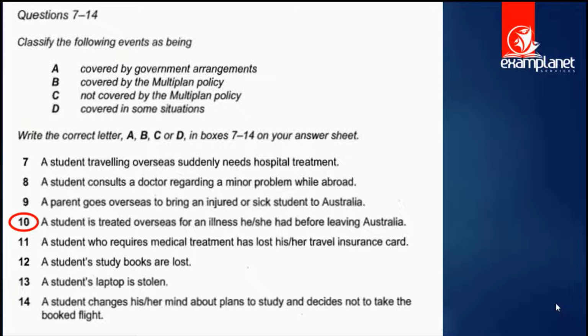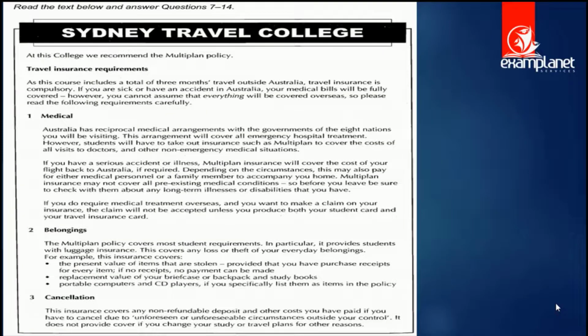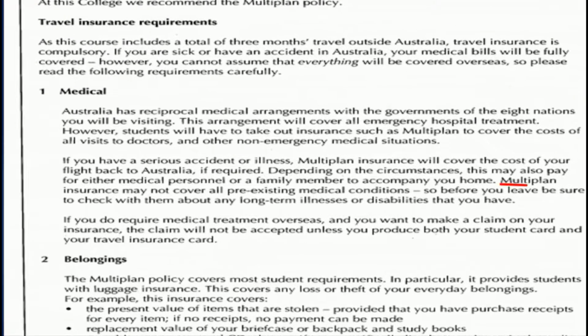For question 10, a student is treated overseas for an illness he or she had before leaving Australia. If we move to the passage, just the next sentence, it says, multi-plan insurance may not cover all pre-existing medical conditions.